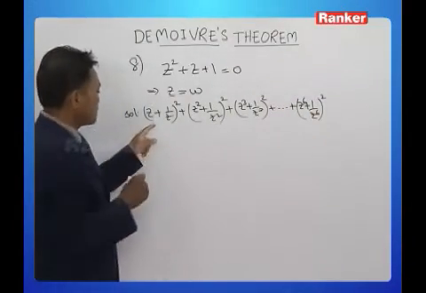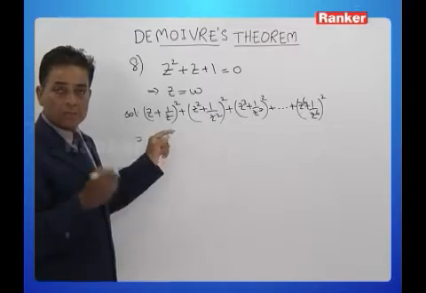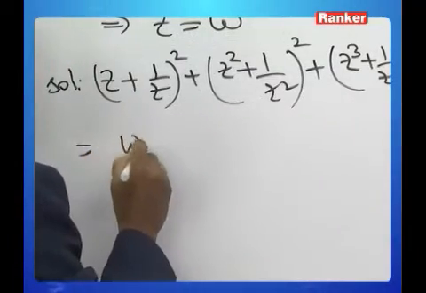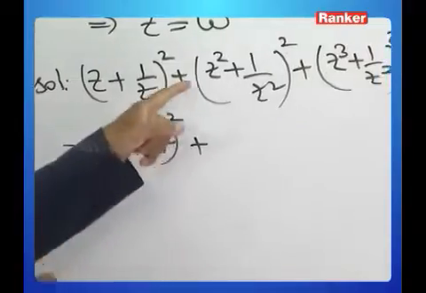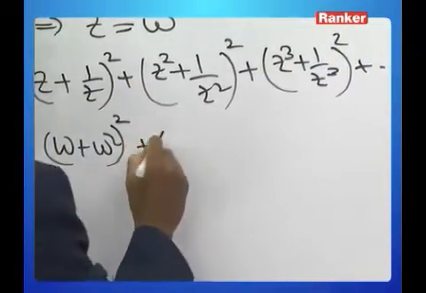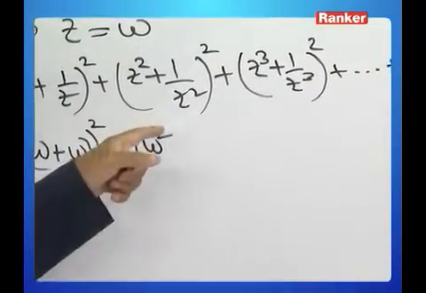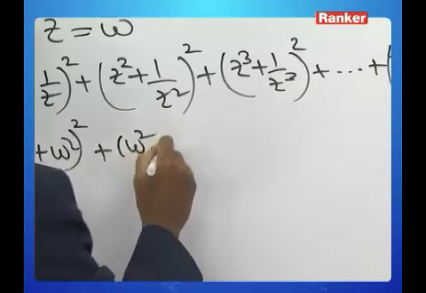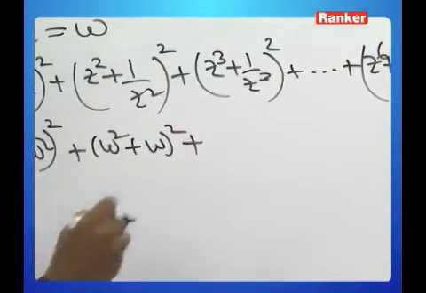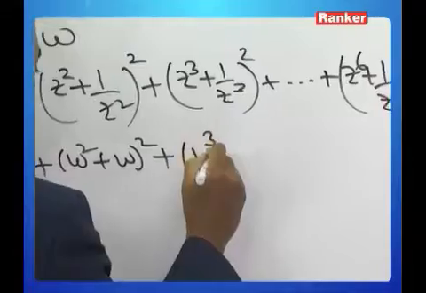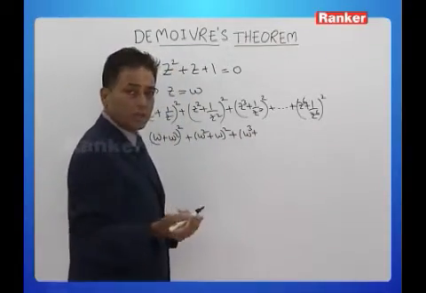Now this is omega plus omega square, that is minus 1. And this is omega square, 1 by omega square is omega. Omega cube is 1, 1 by omega cube is also 1.